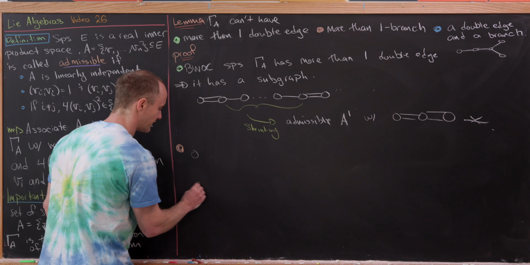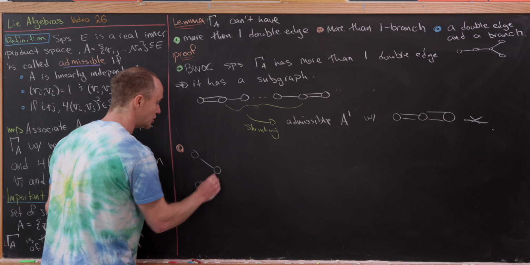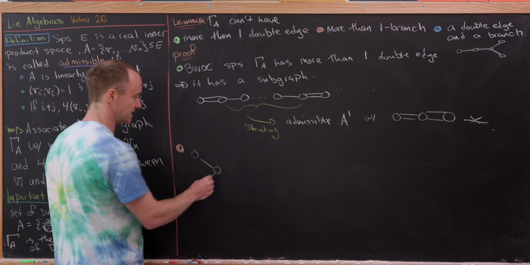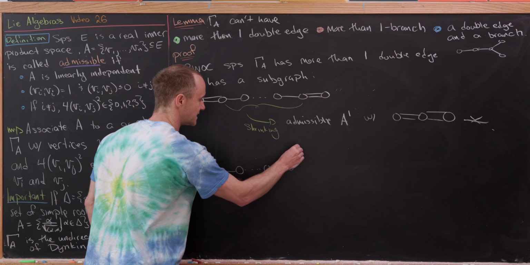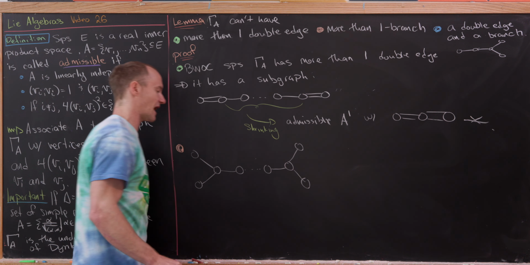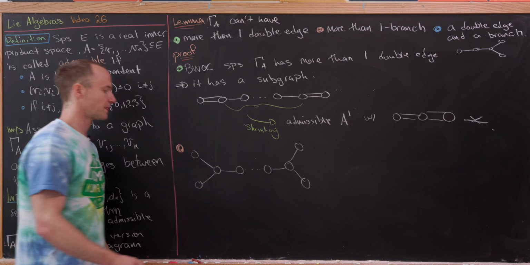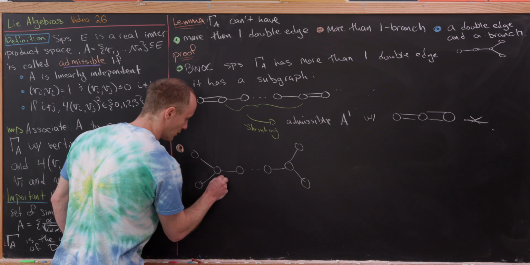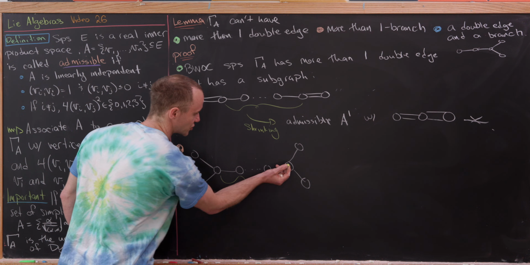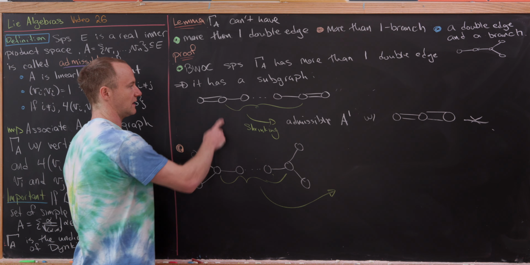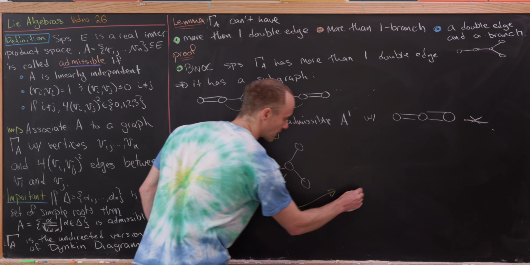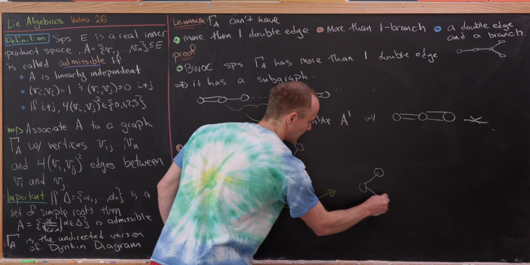So let's say we've got at least two branch vertices. But if we've got at least two branch vertices, then that means we have a subgraph of the following form. But then, what can we do? Well, we can shrink this middle piece just like we had shrunk in the first setup up here to get the following picture.